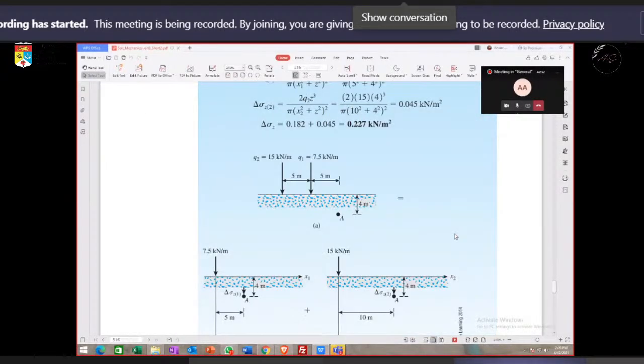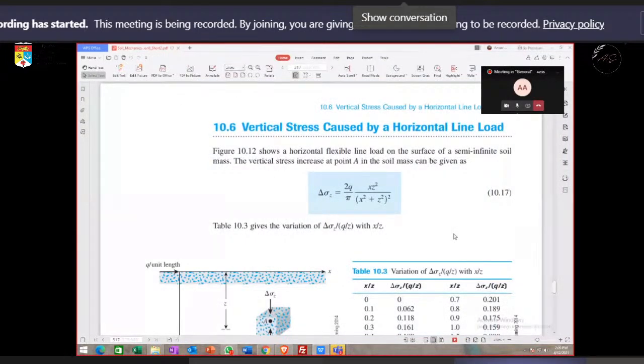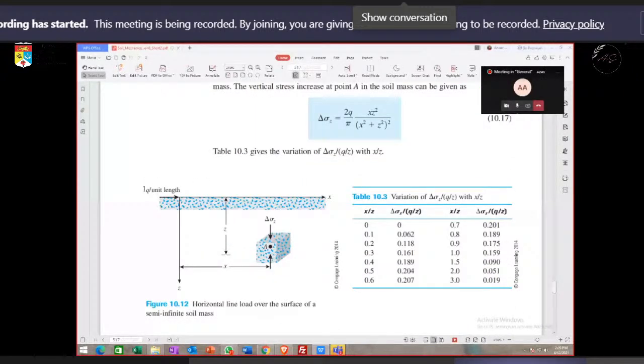And then here is the stress caused by horizontal line load. Here the load is like this one, horizontal per meter length. To imagine it in a real world situation, it could be like a lateral force or horizontal force applied to a wall.